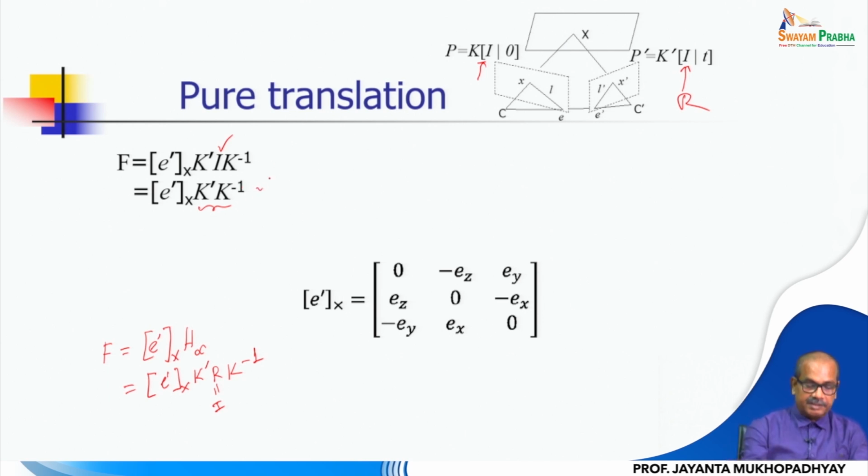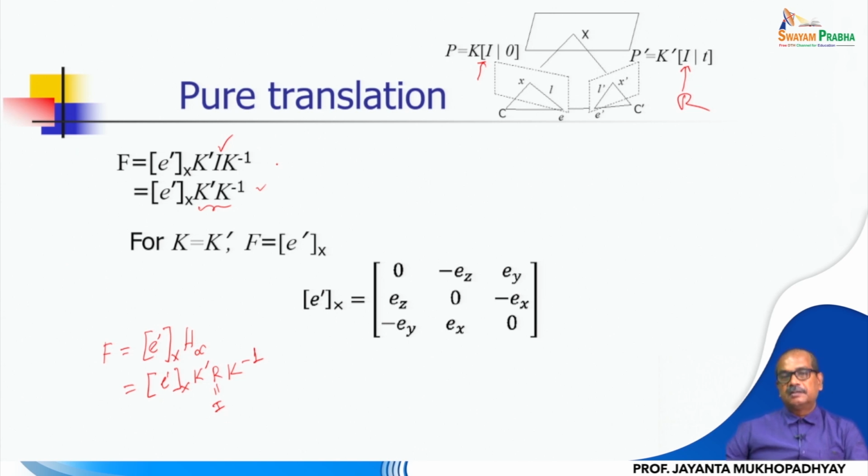So this is the expression you get for a pure translation. And if the camera calibration matrices are also the same, almost identical cameras that are simply translated, so you have taken images using the same camera, for example, keeping the viewing orientation the same for the image, just translating it by T, then you get 2 images which are the stereo images.